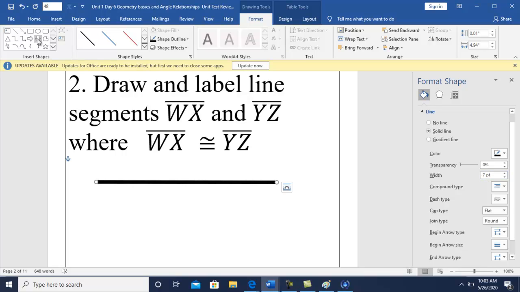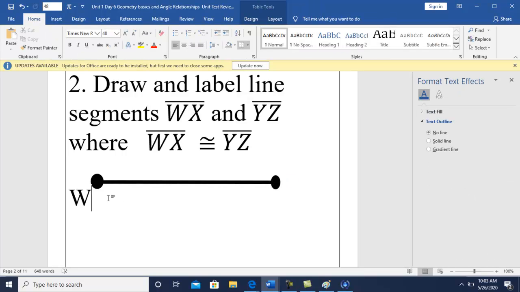Then put a dot here, and a second dot over here. This is going to be W and then X.